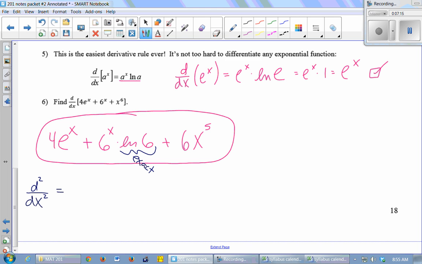The second derivative of 4e to the x would be 4e to the x again, plus, the ln of 6 is just a constant, so it's just going to come along, right? Ln of 6 times, and then the derivative of 6 to the x is 6 to the x times the ln of 6. And then the derivative of 6x to the 5th is 30x to the 4th. And here you could simplify. You could write ln 6 times ln 6 as ln of 6 squared.